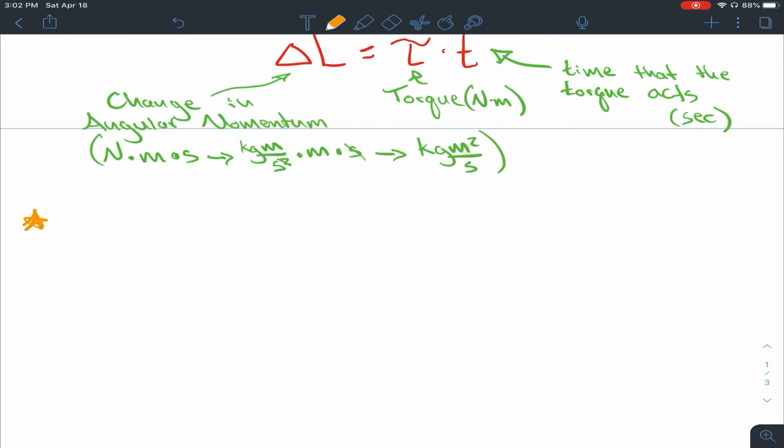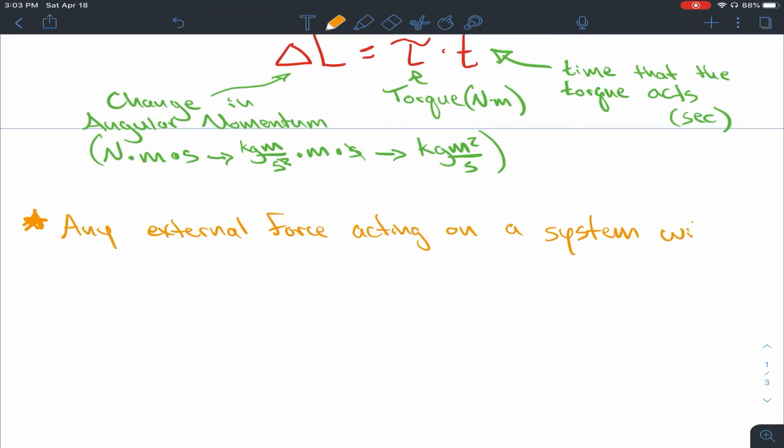One pretty common misconception is the idea that any external force acting on a system can create a change in angular motion. So any external force acting on a system will change angular momentum.